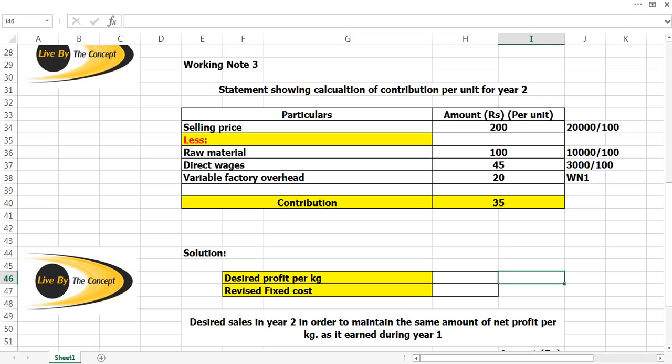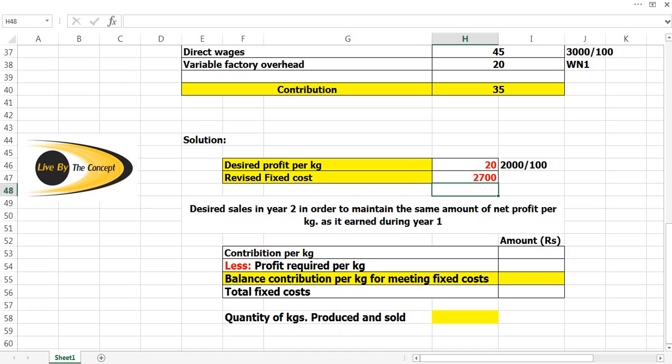So for year 1, the total net profit was 2000. If I divide it by 100 kgs, so per kg profit is 20. Now they want you to maintain this 20 per kg in year 2 also, and the revised fixed cost for year 2 is 2700.